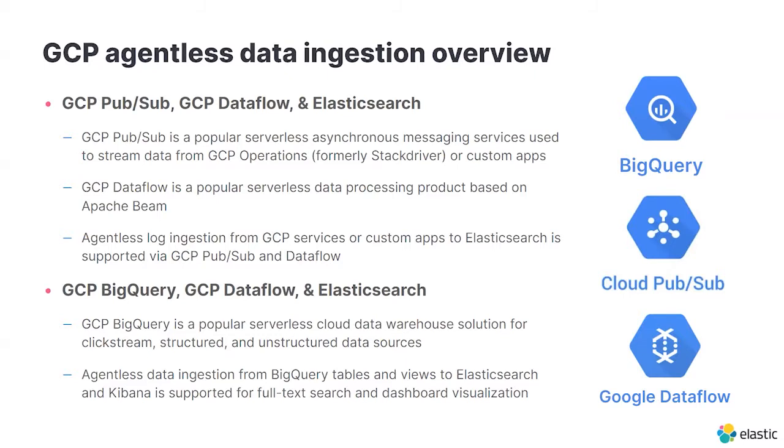The second use case involves BigQuery. GCP BigQuery is a very popular, serverless data warehousing service that's used by many of you. It's used for aggregating clickstream, structured or unstructured data from data sources, and you do different analysis on it. After you're done with analysis, you may want to share it in a dashboard.